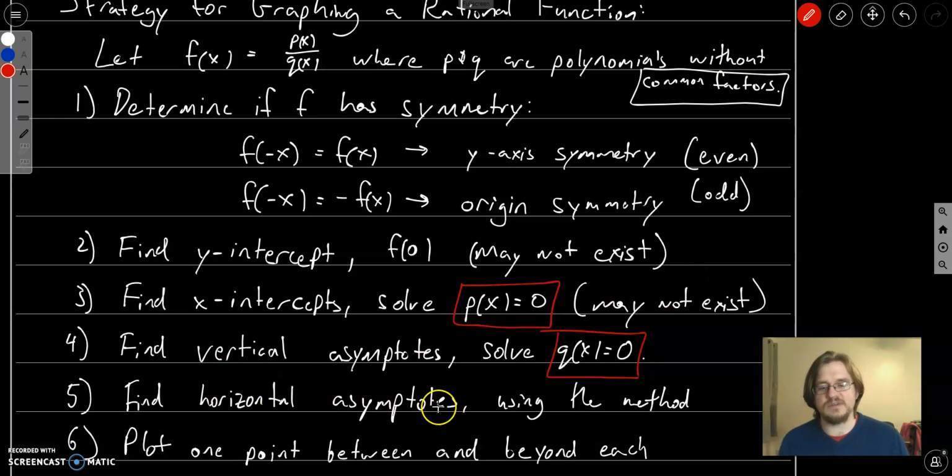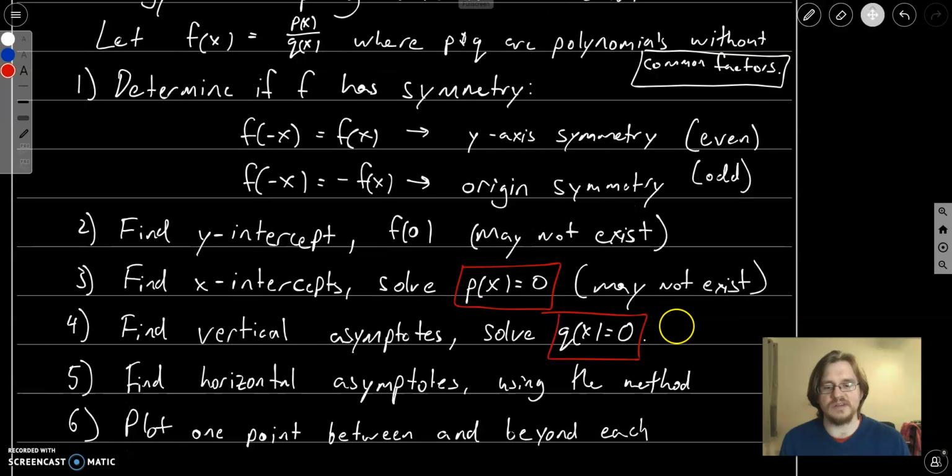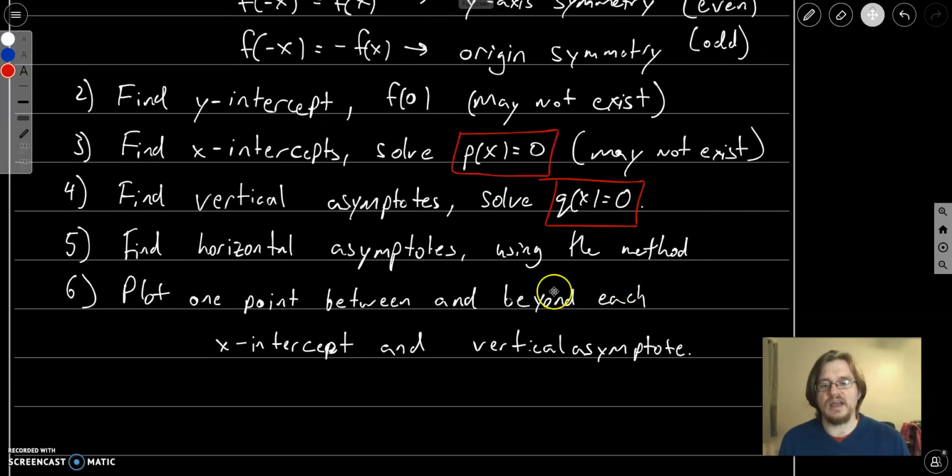The horizontal asymptotes, this was looking at the leading term in both the top and the bottom and seeing which has the higher degree. So this is the method that we saw in the previous video. And then, to make sure that we're graphing everything right, we want to plot at least one point between all of the important data.